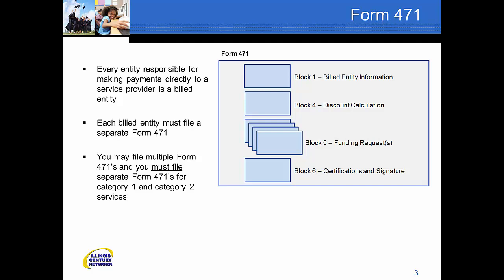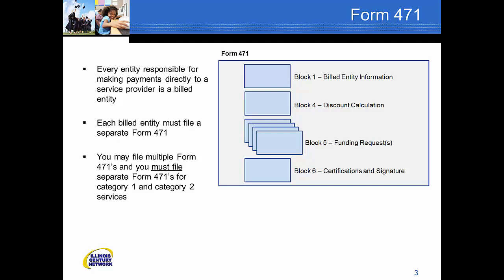Now, every entity that is responsible for making payments directly to a service provider is called a billed entity, and each billed entity must file a separate Form 471. You must also file a separate Form 471 for Category 1 and Category 2 services.